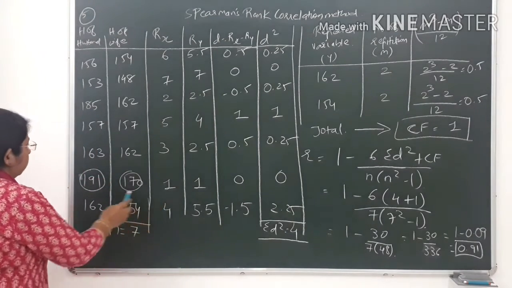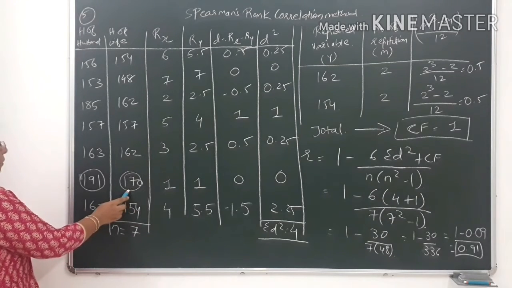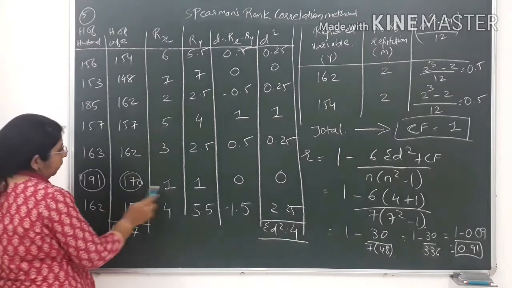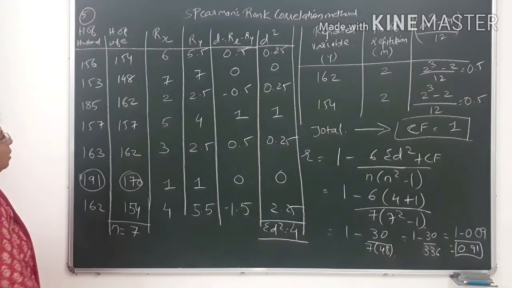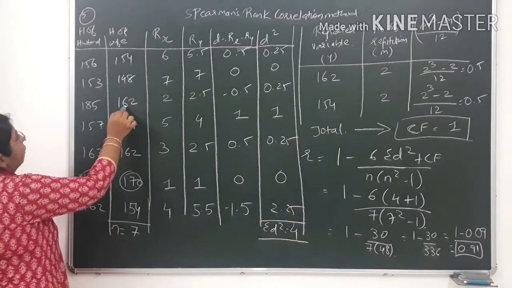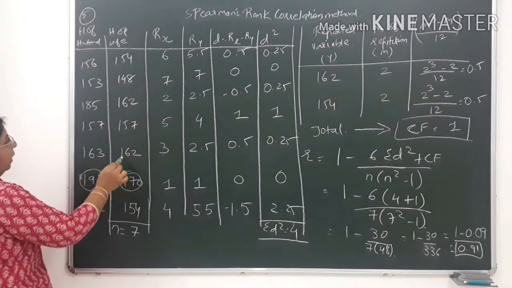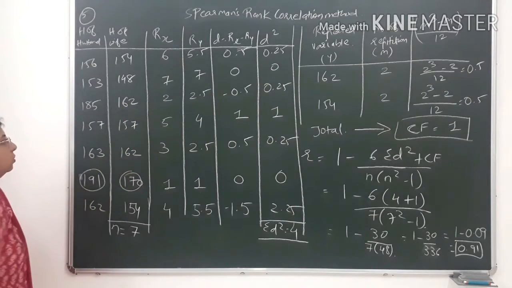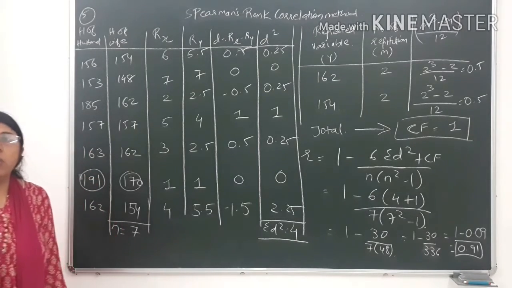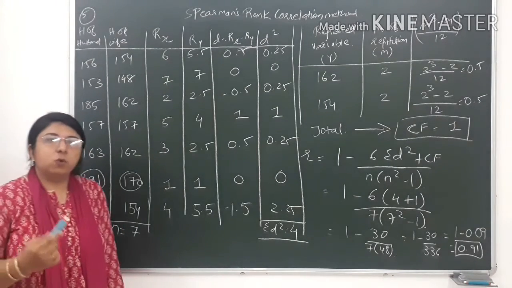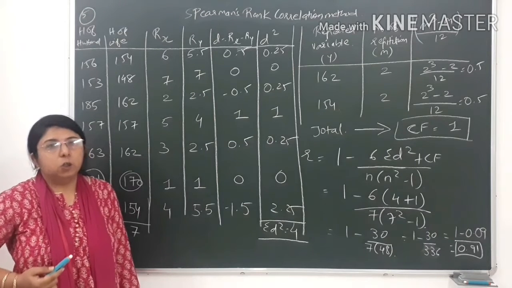You can see the first highest height of wife, that is 170 centimeters, so first rank is given to it. Then afterwards, 2 persons are having the same height, that is 162 and 162. So second and third rank would be given, so we have to find the average of 2 and 3. To find the average, we add the 2 values and divide by 2.